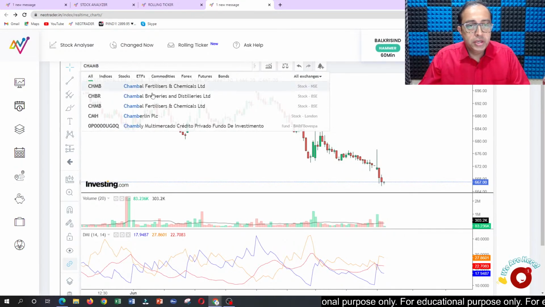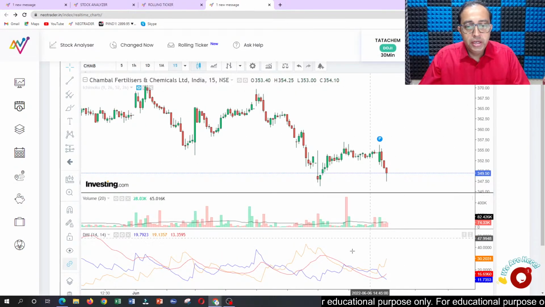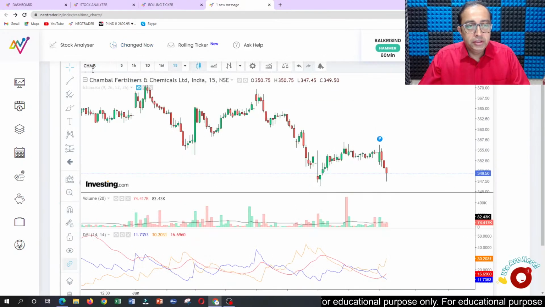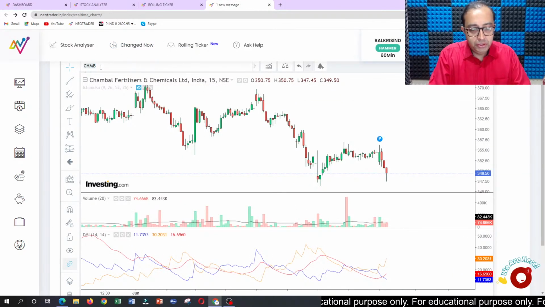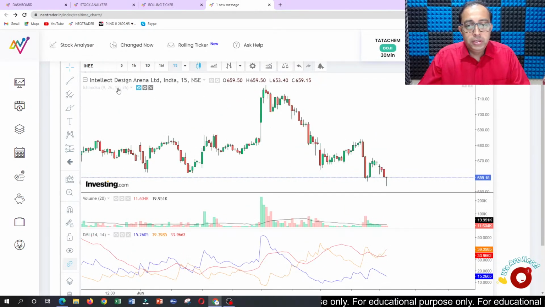Chambal Fertilizer was trying to attempt a support, and you can see here that the negative DI is also rising, ADX is slowly rising. Then Intellect Design is also there.